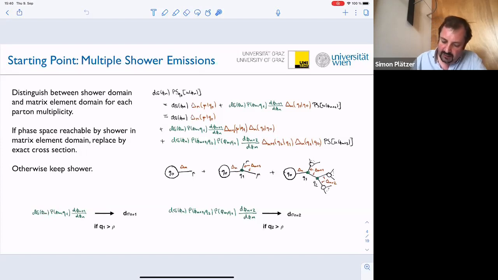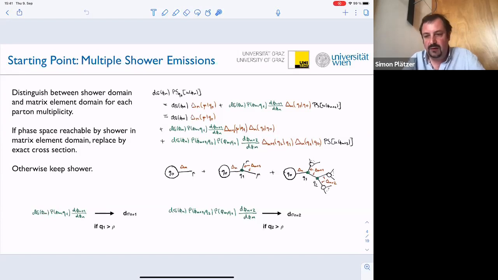But still, it might decide that for this configuration with one emission, it would not emit any further, and it will dress this up with the Sudakov factor for the n+1 parton state, which is a product of the Sudakov factors for all of the individual branchings which could be going on and would lead to that n+1 or n+2 final state, and so on. And then we can iterate this formula once more, and then we get a two-emission contribution, and so on.